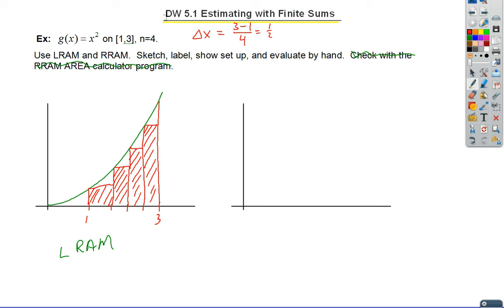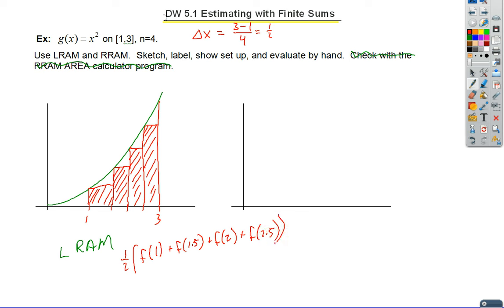Okay, so let's actually go find that. Again, it's going to be 1/2 times f of 1 plus f of 1.5 plus f of 2 plus f of 2.5.